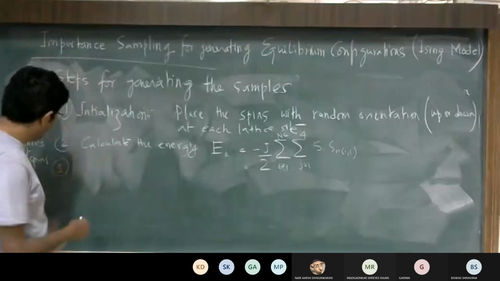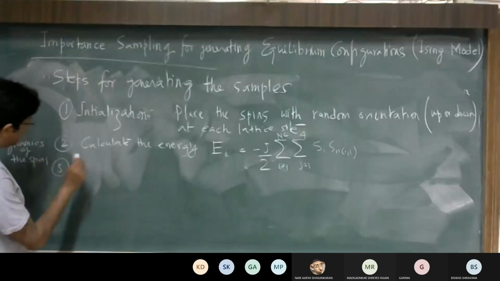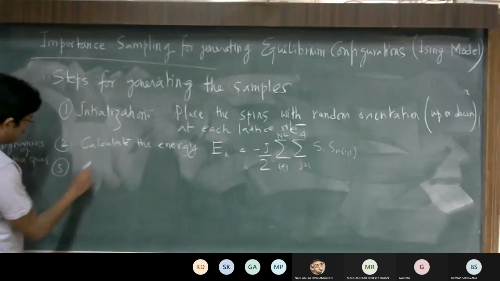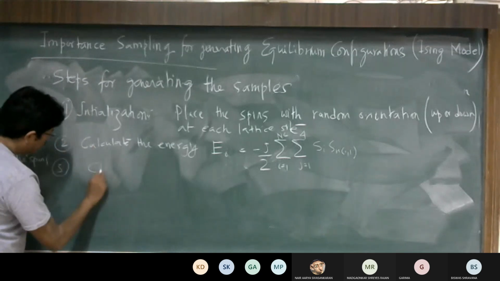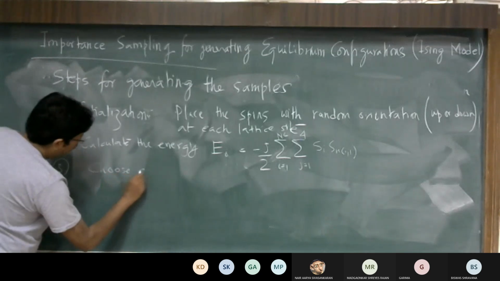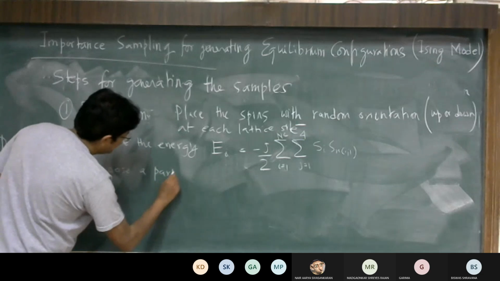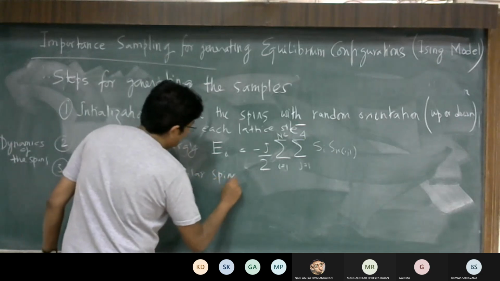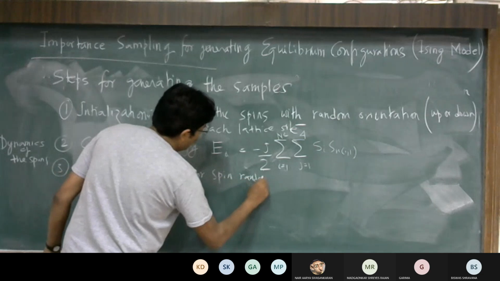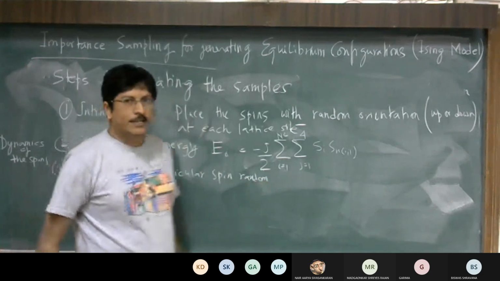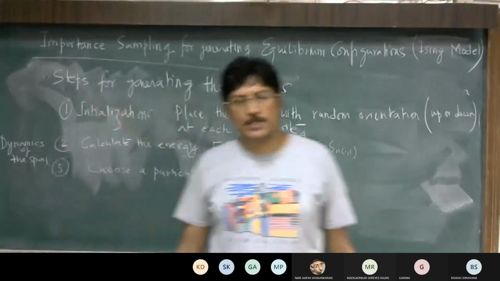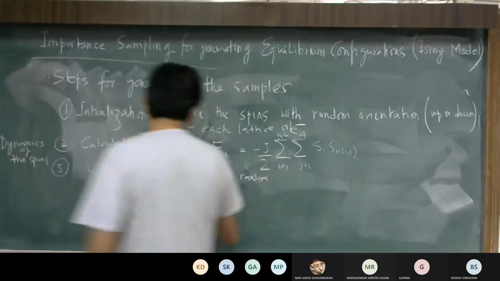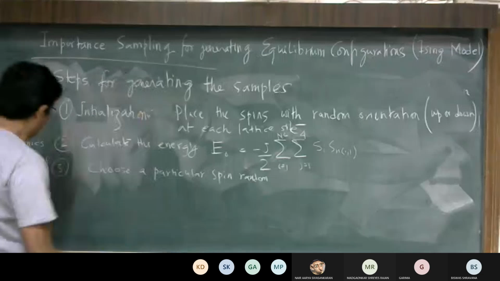And in particular, how you will do the dynamics, and that is what constitutes this importance sampling, the first step is you choose a particular spin at random. And when I say random, I mean of the N squared spins, any of the lattice sites among these N squared sites, you choose with equal probability any one of these sites. So a particular spin you choose.